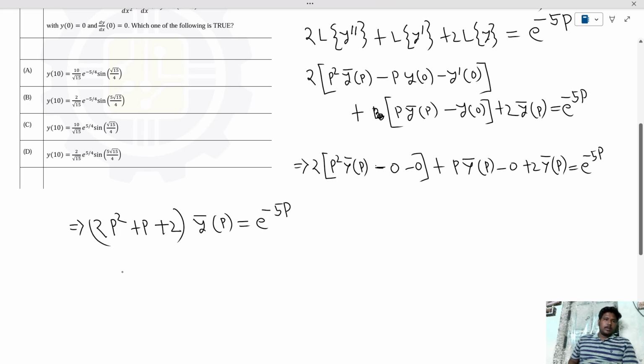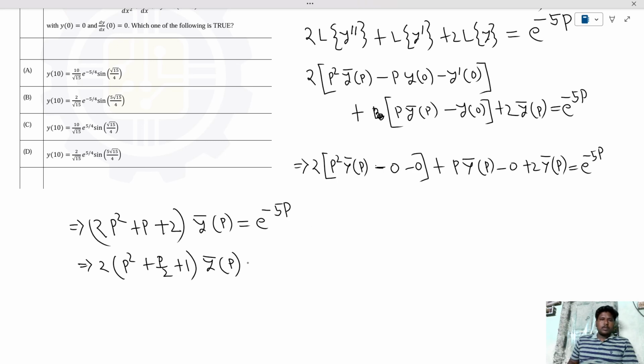Okay, 2p square plus p plus 2. So if we take 2 common, it will come p square plus p by 2 plus 1, y bar p, equals e to the power minus 5p by 2. So p square plus p by 2 plus 1.